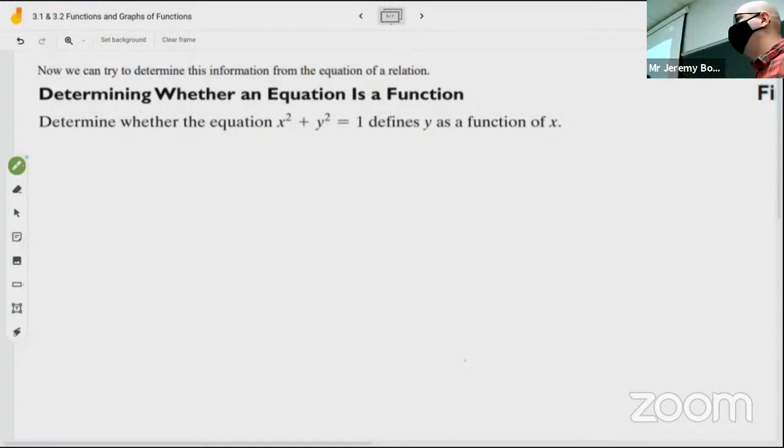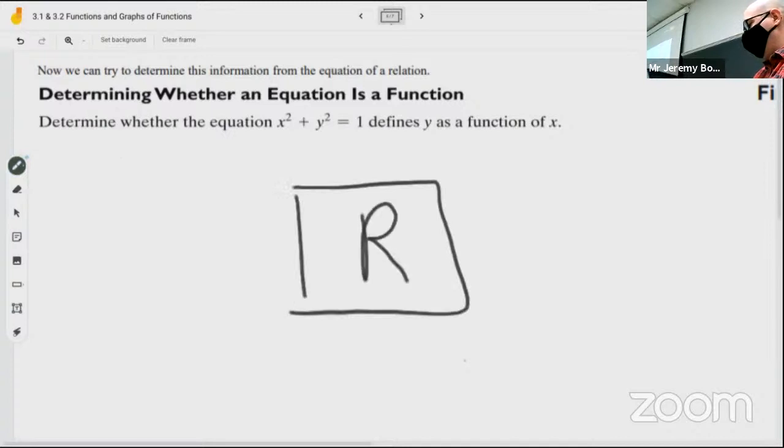What do y'all think? Think about what makes it a function. Basically, you have your relation, right? Let's call it an R. For your relation, you have an input, you put something in there, that's your domain.